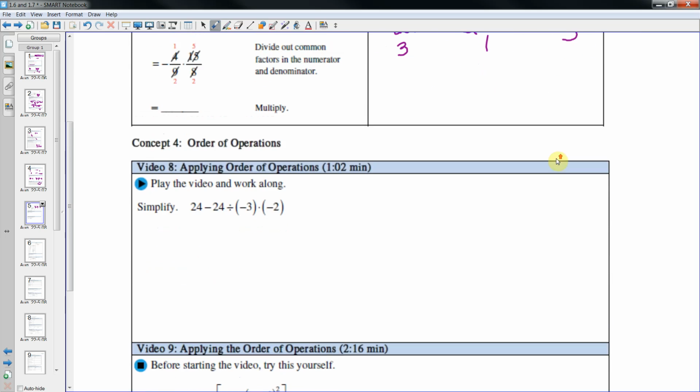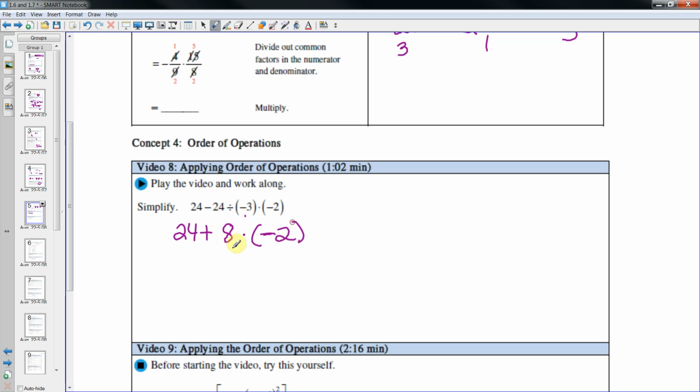Let's try this first order of operations, and then I think we'll be good with division. 24 minus 24 divided by negative 3 times 2. So remember, we need to save the subtraction for last. We come to a division first, so 24 minus 24 divided by negative 3. 3 goes into 24 8 times, and it's negative 24 divided by negative 3, so that's going to turn it into a positive 8 times the negative 2.